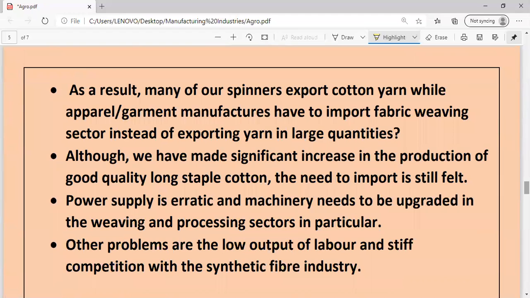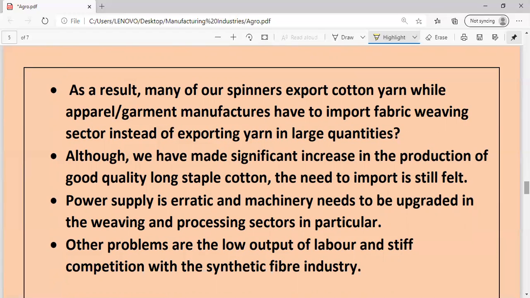As a result, many of our spinners export cotton yarn, as we are not exploiting the cotton yarn which is produced in India. We are not using the fine quality cotton yarn. Nobody is interested in using it. As a result, the spinners are exporting our good quality cotton yarn to other countries.